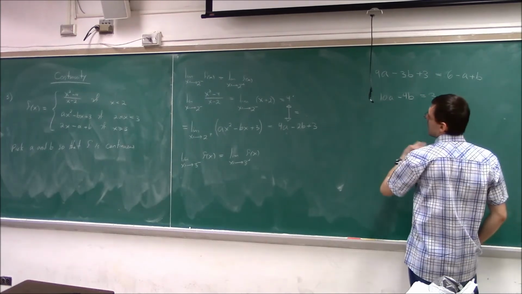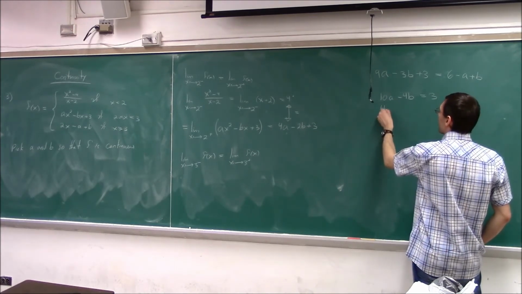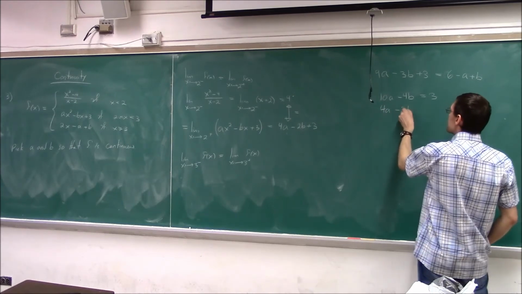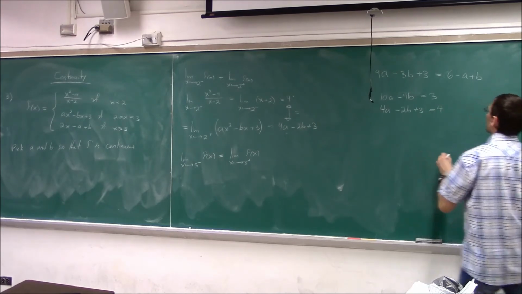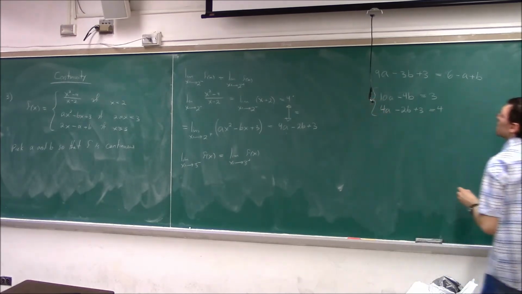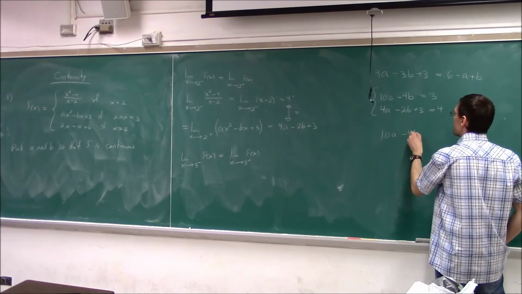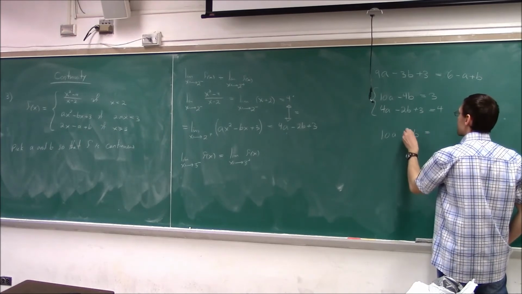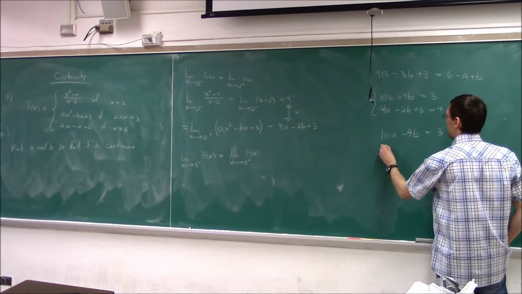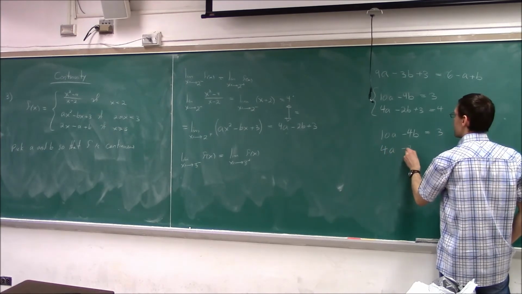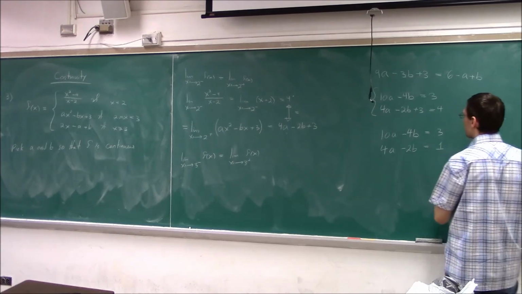We have this equation, and then we have the previous equation we just obtained, that 4a minus 2b plus 3 must equal 4. So this is our system of equations. We then have 10a minus 4b equal to 3, and 4a minus 2b equal to 1.